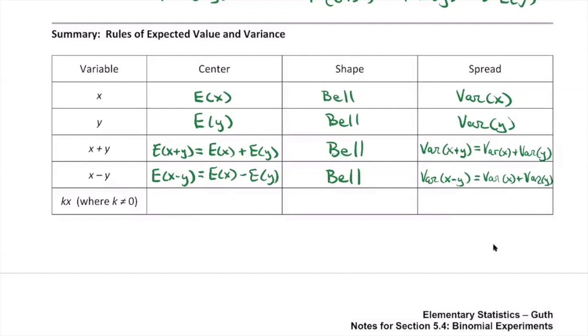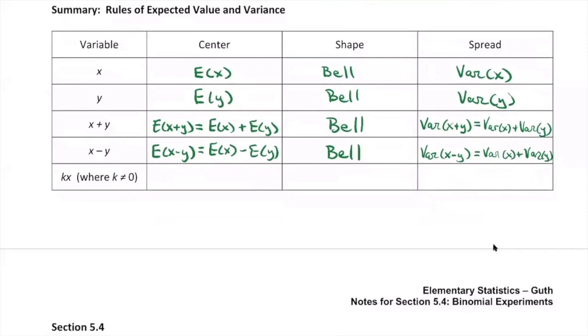That's going to come into play later when we do some discussions that are more theoretical. You add or subtract variables, the variance just gets bigger. Either way, they add.